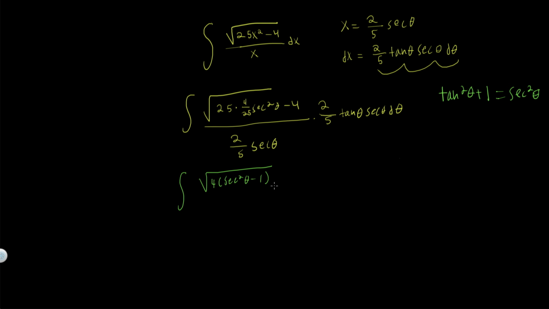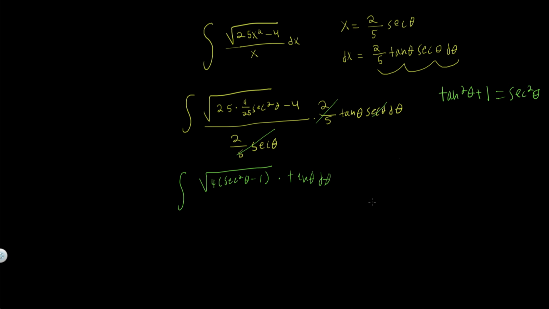If you're stuck on how I did that, just pause the video and do some algebra to simplify this. And then we can cancel out the 2/5 secant theta, so we're just left with tan theta on top, d theta. So we're left with times tan theta d theta.